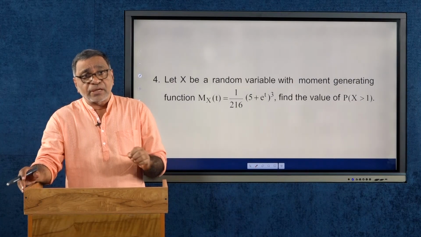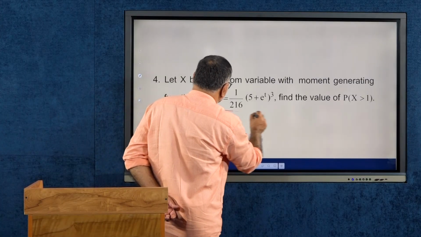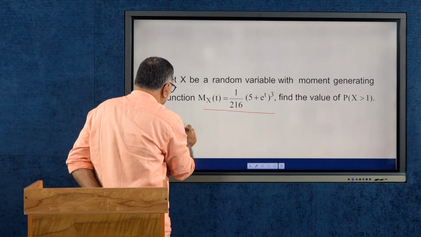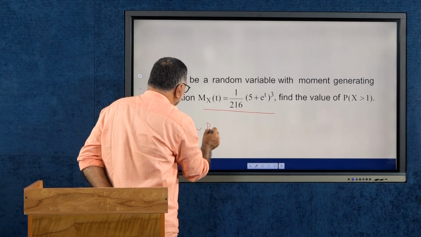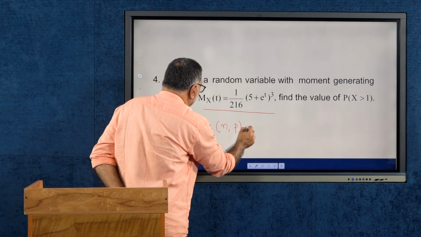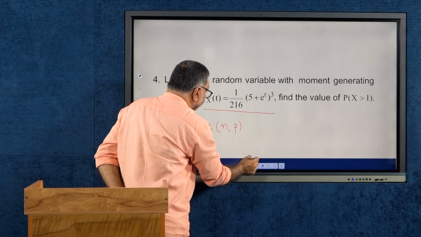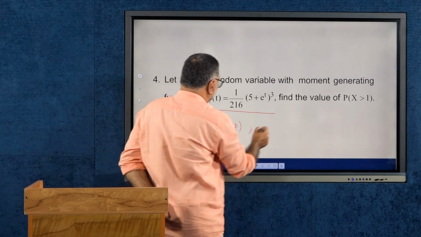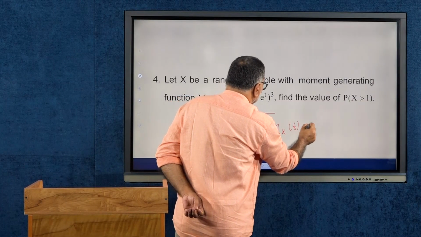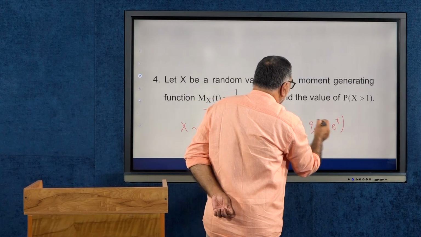And since x is a random variable having this moment generating function, this moment generating function has a peculiarity. For a binomial random variable, we have already established the moment generating function. The moment generating function is M_x(t) is equal to (q plus p e power t) power n.